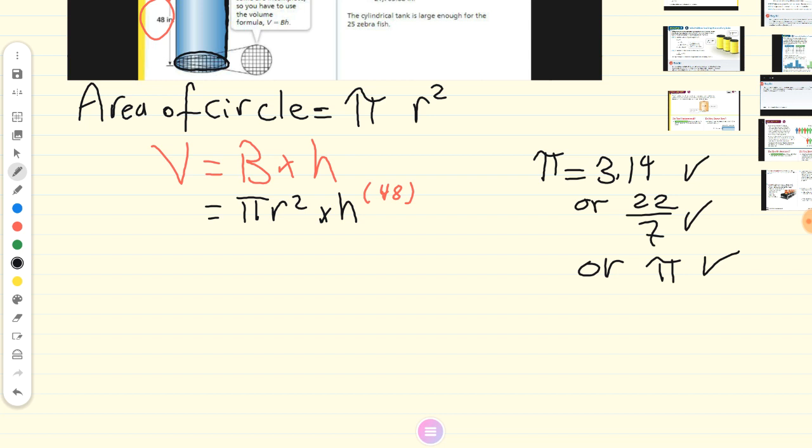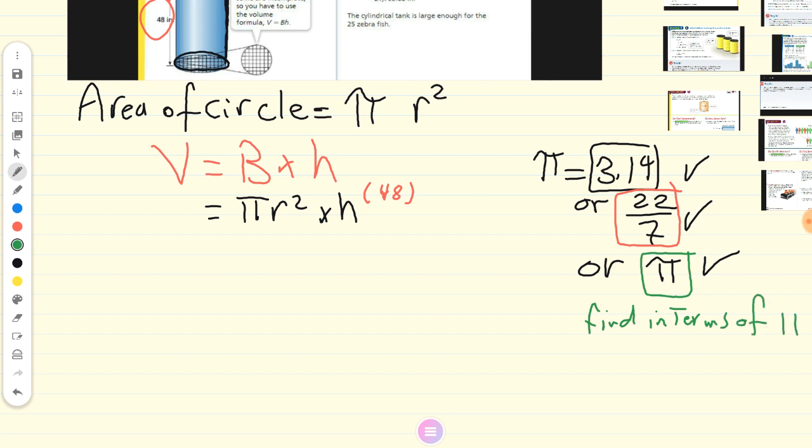If I give you a problem, I will ask you to use pi equal 3.14, or pi equal 22 over 7, or find the answer in terms of pi. If I ask you to find the answer in terms of pi, that means leave pi as a symbol. Don't substitute with 22 over 7, no, or 3.14, no. Just leave it as a symbol, pi.